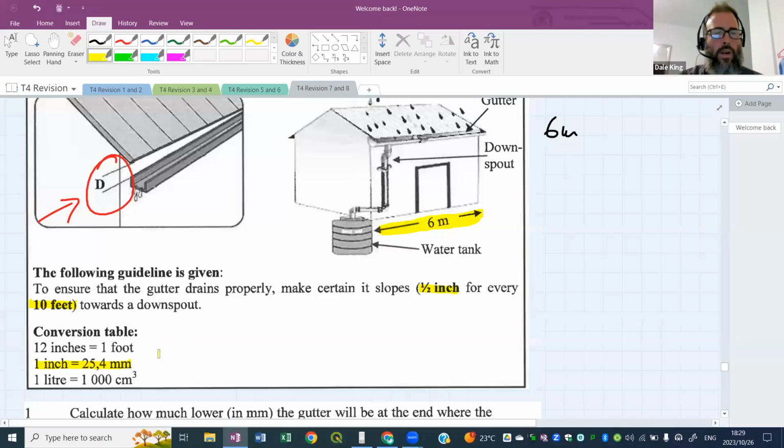Now, I need to change this 1 inch equals 25,4 millimeters into not an inches-millimeters conversion, but a feet-meters conversion. I've got to change it into something that I can work with.